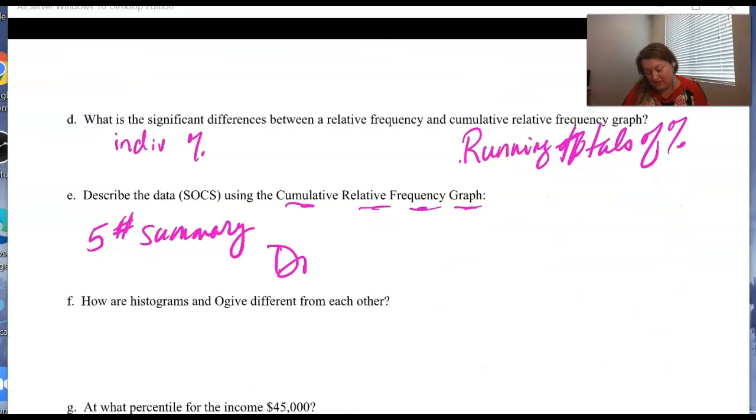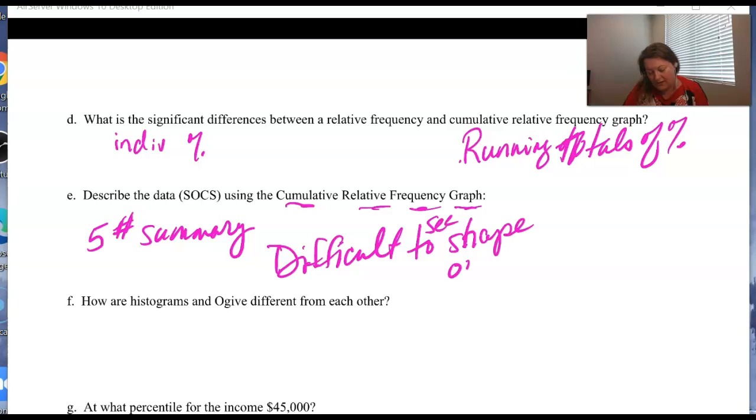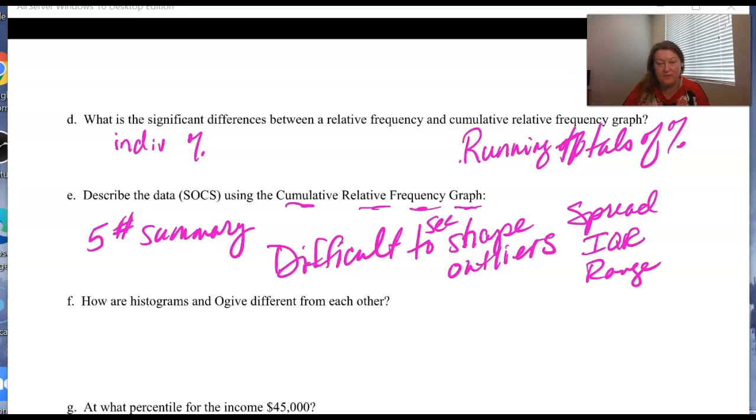So I'm going to say it's difficult to see shape or outliers. I could get spread from the IQR or from the range, highest minus lowest, so I could still do those from there.